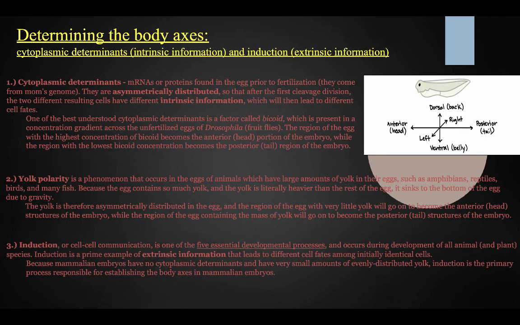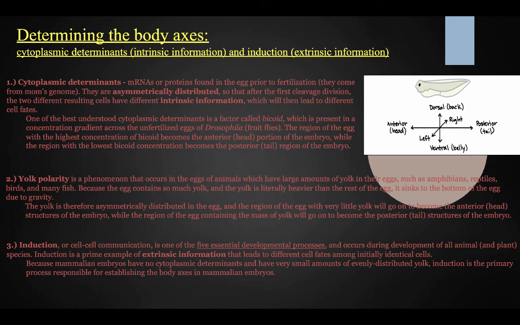Now, when we're looking at determining the body axis, how do we do that? There are both extrinsic and intrinsic and yolk polarity factors. So cytoplasmic determinants are very cool. Basically what happens is that your egg prior to fertilization will have messenger RNA and proteins from your mom's genome.